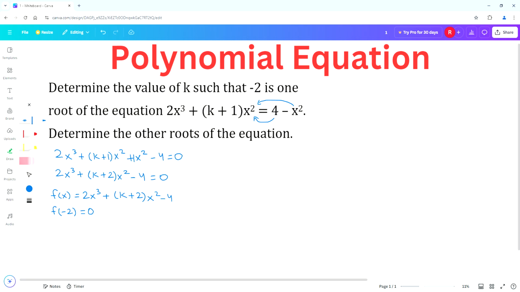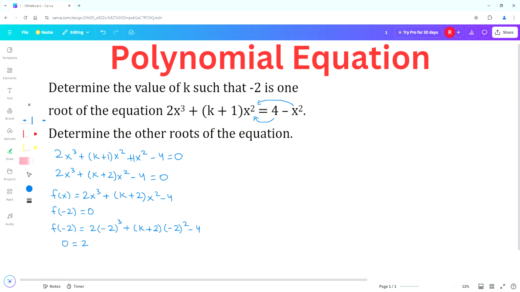Next, we should sub in x as -2 in the equation for f of x. f of -2 should be equal to 0, so we can sub in 0 on the left side of this equation.